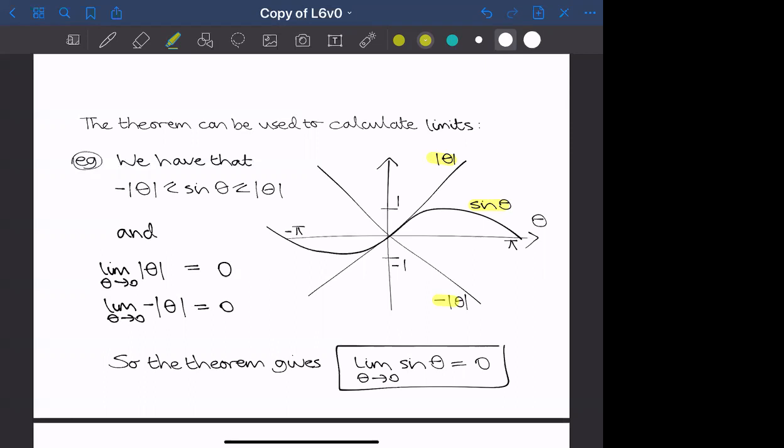That's an upside down V. So for any theta, we have this inequality, that sine theta is between these two functions, the absolute value and the minus absolute value. And the limit of those functions as theta goes to 0 is just 0. So this is easier to prove than the limit of sine theta because, at least for positive theta, this function is just equal to theta.